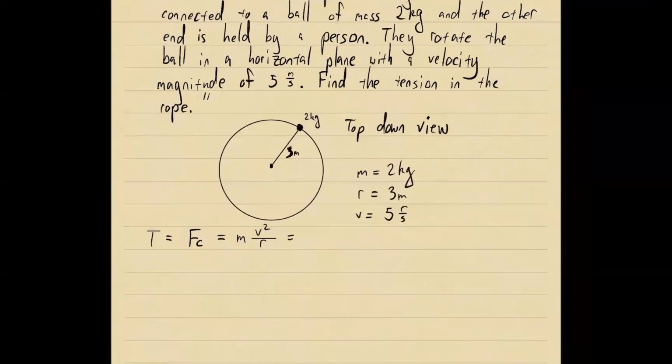So plugging all this in, we have the mass, which is 2 kilograms, times our speed squared, so 5 meters per second, squared, and we're going to divide all this by the radius of our rope, or 3 meters. Well, in this case, we get a tension force in the rope of 16.7 newtons.